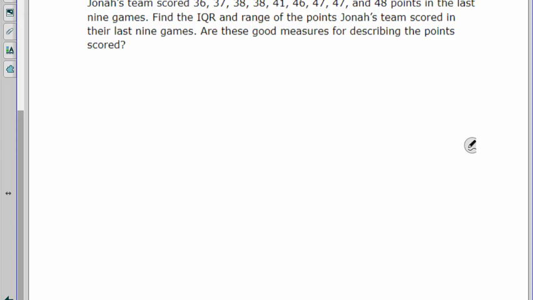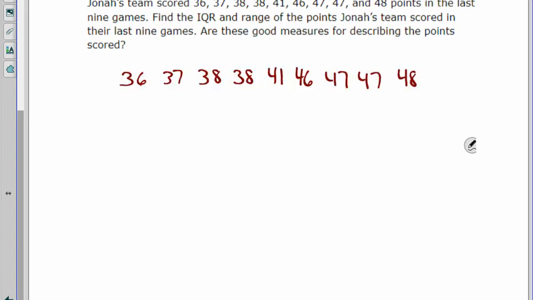They want you to find the IQR and range of the points they scored in their last 9 games and figure out, are these good measures for describing the points scored? First thing I'm going to do is put them in order. And then I'm going to find my five data points that will allow me to do a box plot and find the different quartiles.